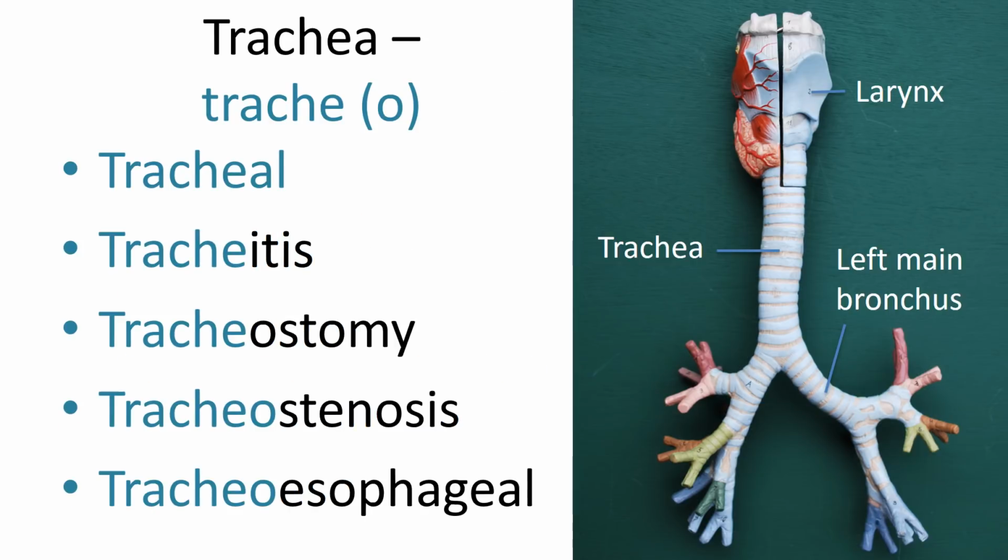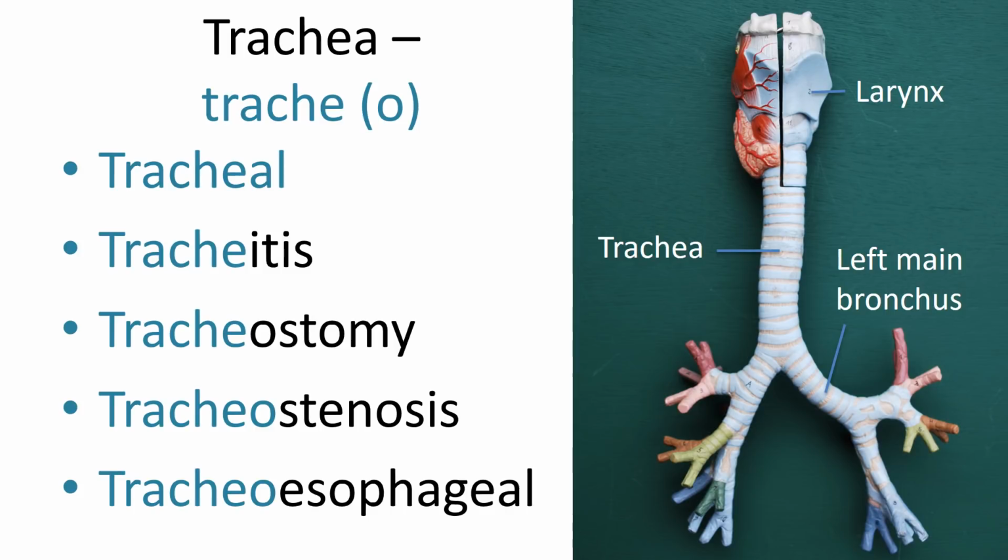The trachea is the main airway, starting just inferiorly to the larynx, just underneath the larynx, and ending at the bifurcation into the left and the right main bronchus that go into each lung. So, trachea, tracheo, tracheal means pertaining to.